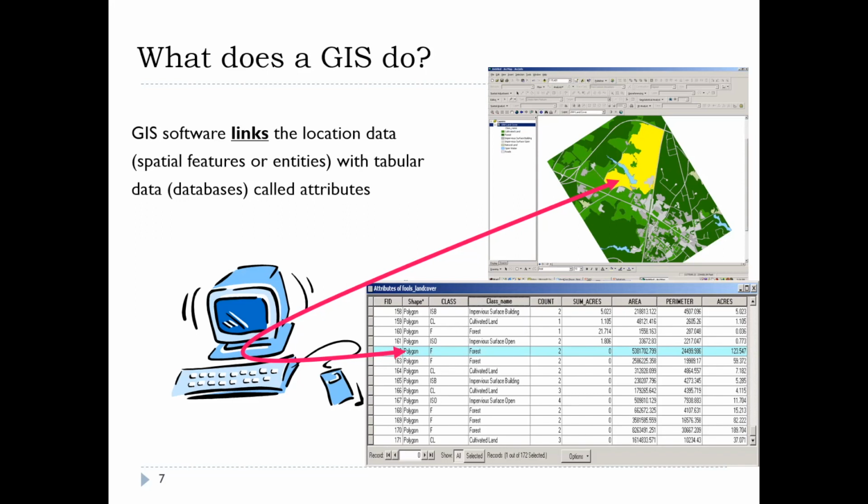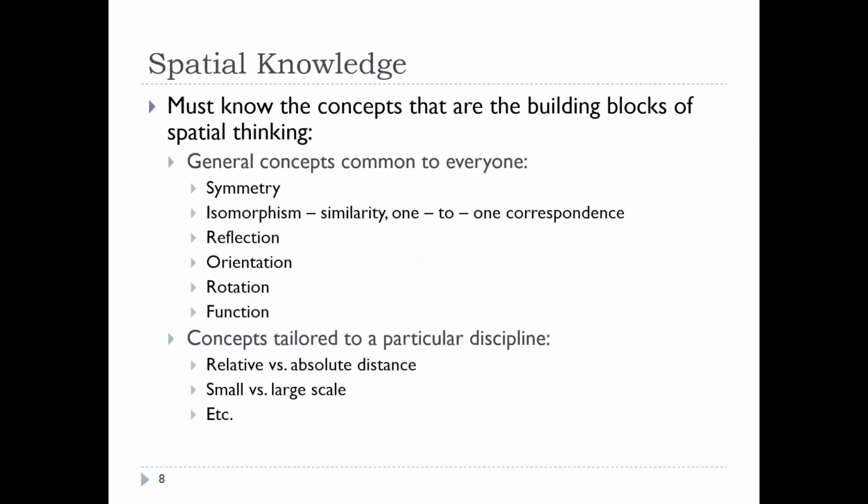And so you put all these attributes together with specific spatial data, and you can ask those kinds of questions. So that's why everyone's using GIS at this point. How far is my house from the school? Where's the nearest hospital? All kinds of information that's spatial information that gets answered by a GIS.